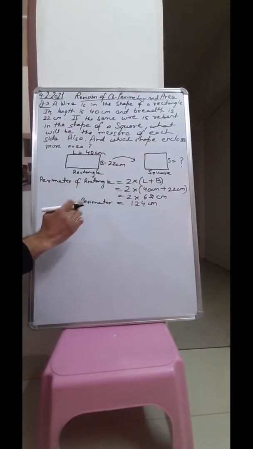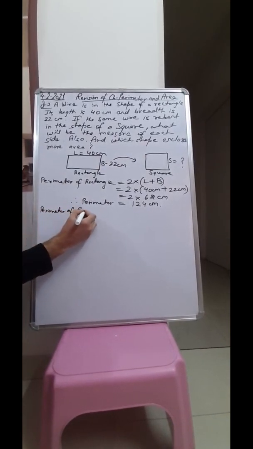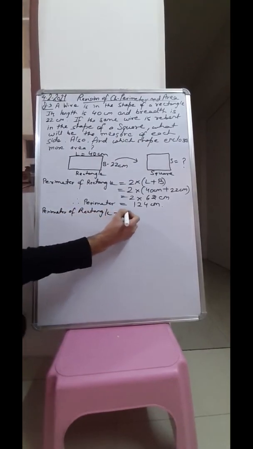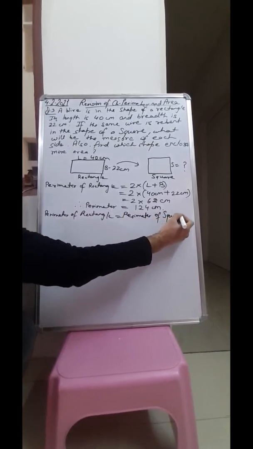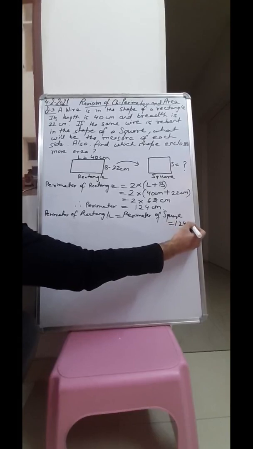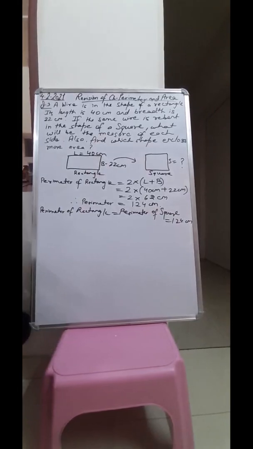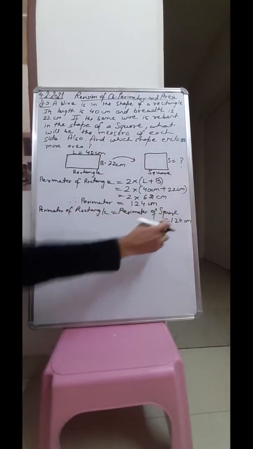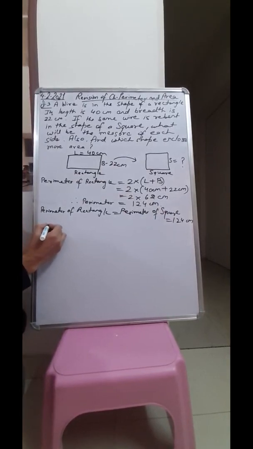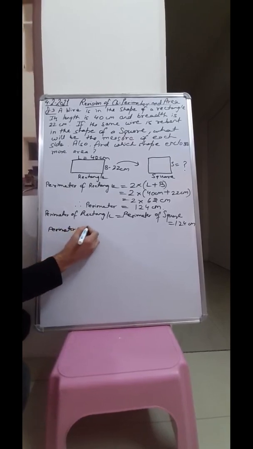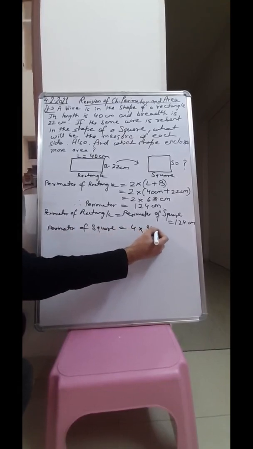So in this way we have found the perimeter, and now the rectangle is rebent in the shape of a square. So the perimeter of the rectangle will be equal to the perimeter of the square, that is 124 centimeter, because it is rebent into a square. Now using the perimeter of the square, we can find the side. The perimeter of a square formula is 4 into side.